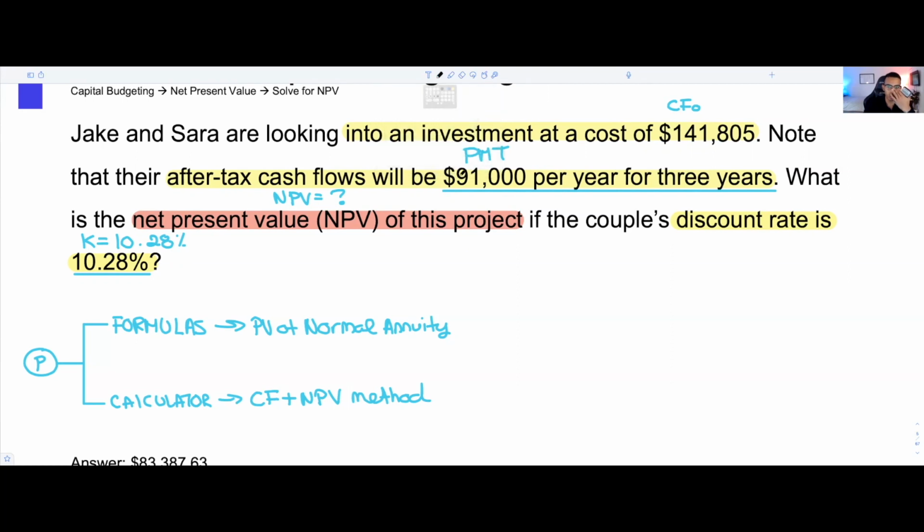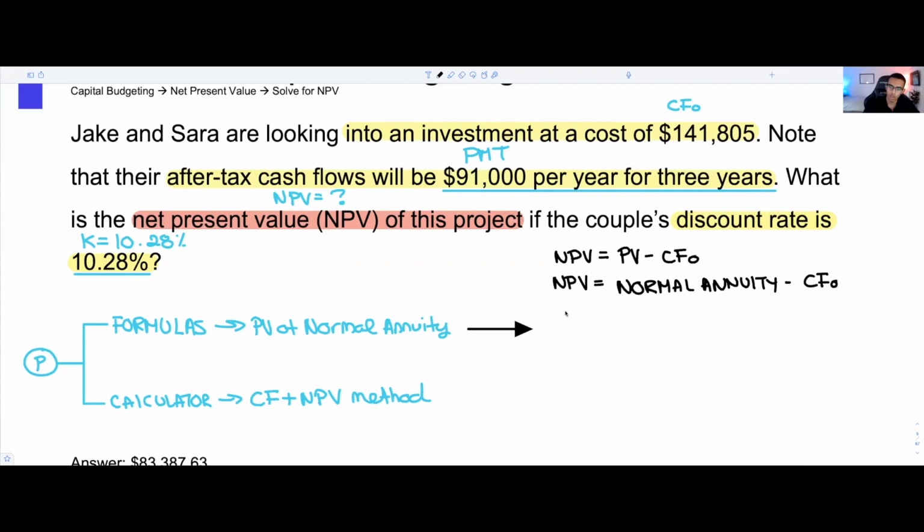So if we were to use our formula, we know that the NPV will be equal to our present value minus our initial investment. In this case, we know that we're going to have a normal annuity, and we're going to subtract our initial investment.